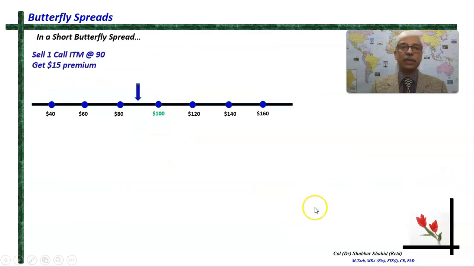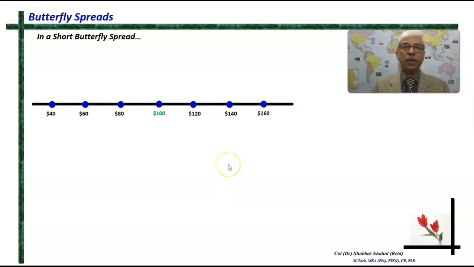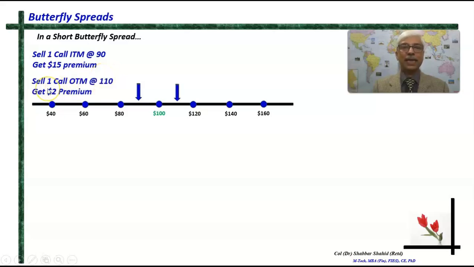All right. So listen carefully. Now in a short butterfly spread, what you do, you sell one call in the money, that is here at 90, okay, and you get a premium of $15. In the previous case, you had bought the call, so you had to pay the premium. Now you are getting the premium. All right. You also sell one call out of the money here at 110. So again, you get a small premium, let us say $2.